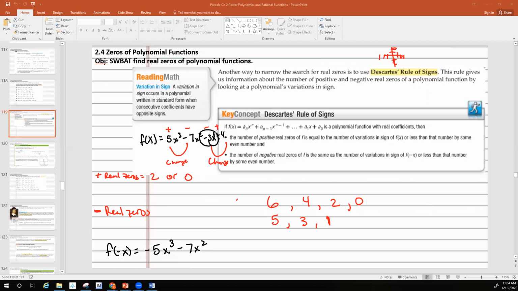This one, because the exponent is 1, it does change, it's odd. So it becomes positive 3x. And then that 4 is a constant, so that doesn't change at all. So you have a negative, negative, positive, and a positive. How many times does it change? Just once. There's going to be 1, that's it. 1 negative real zero. And that's what Descartes' rule of signs says.